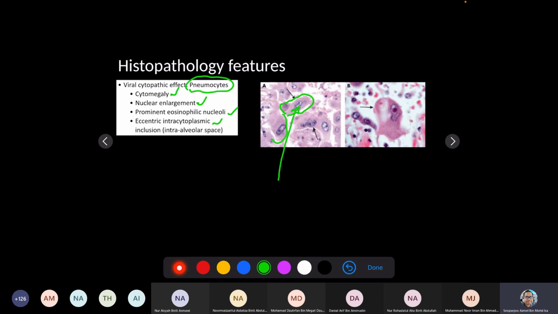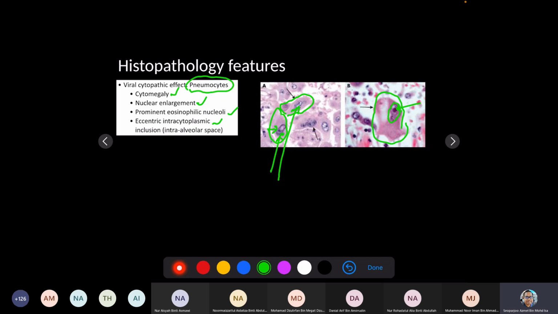So this is another one. This is the nucleus, and you can see that inside there are black dots. There is what we call the nucleolus. In this picture, this is the nucleus, and at the center the nucleolus has become very prominent and very eosinophilic.